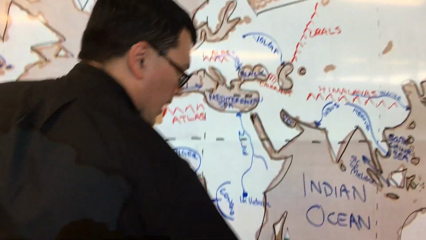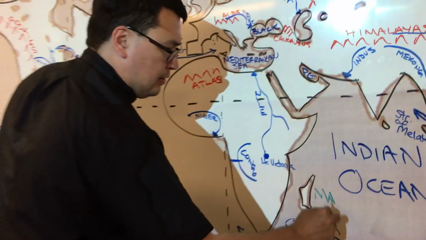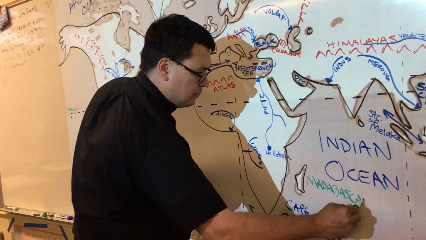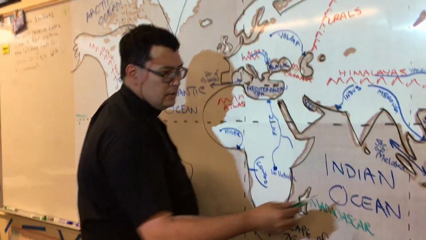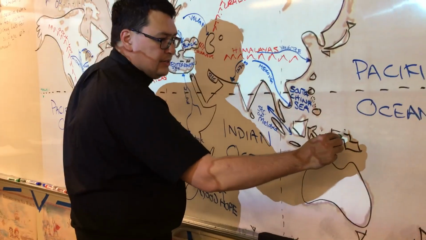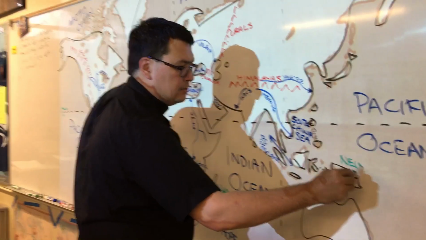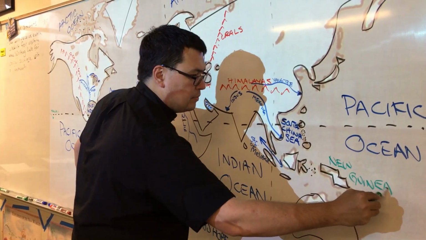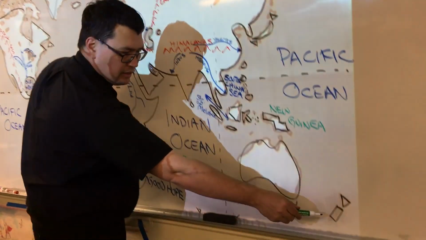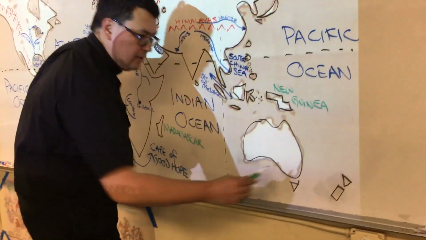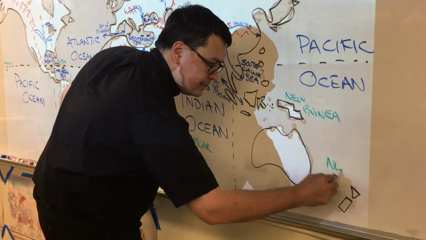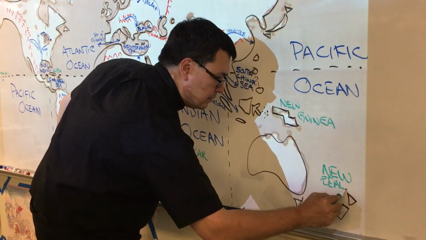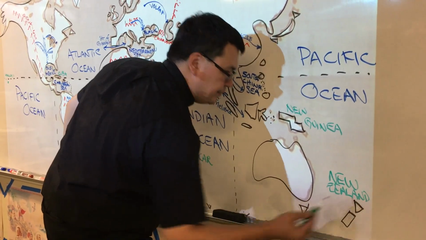Off the coast of Africa, you have Madagascar. This large island here in Indonesia is known as New Guinea. And last but not least, these little islands hiding in the south, together they are known as New Zealand, home of the Kiwis.